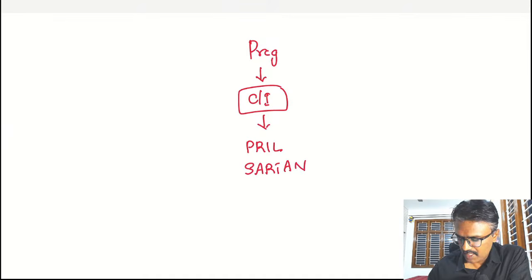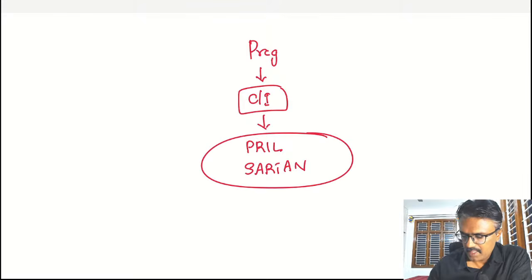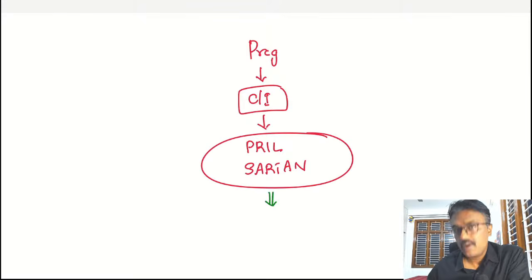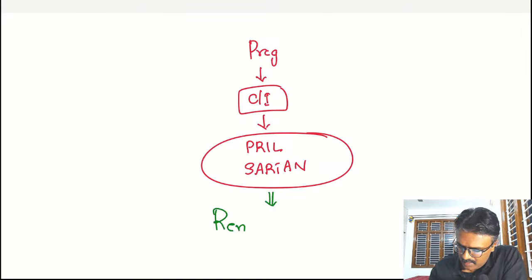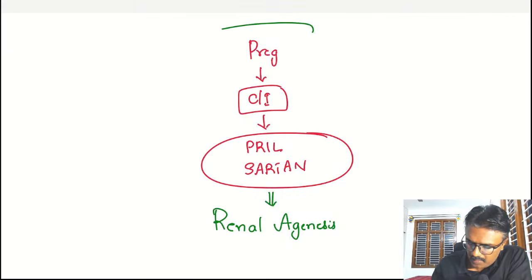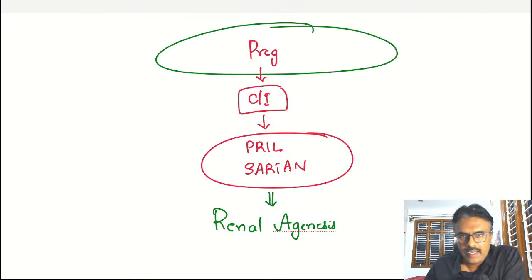The reason they are contraindicated is that these drugs are teratogenic. What do they do, sir? They cause renal agenesis in the fetus. So in pregnancy, don't give prils and sartans.